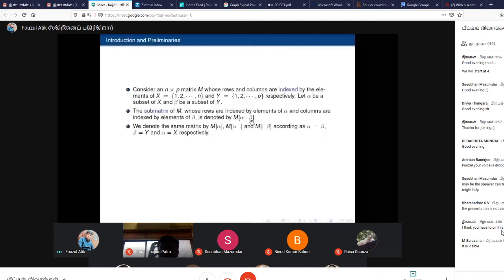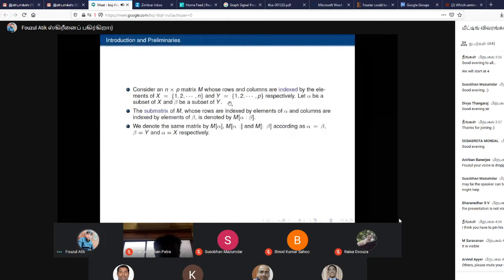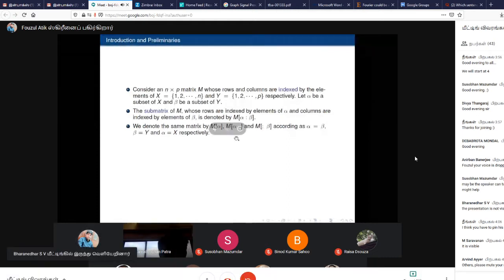Note the same submatrix by M alpha. If it is the whole set Y, then we can denote the matrix by M alpha column, and similarly for X. So this is the usual notation.